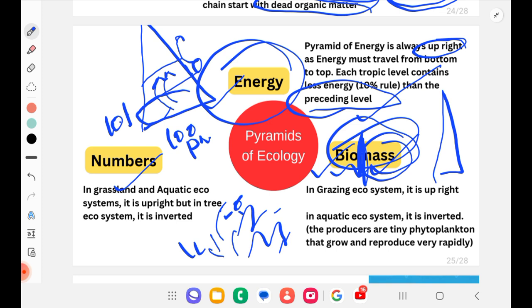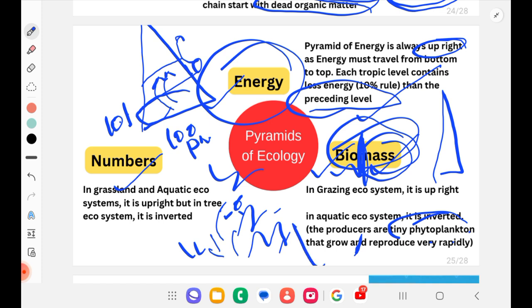Why? Because see, whales, fishes and all will have higher weight, but they are less in number, whereas phytoplanktons, which keep on growing very rapidly, whose mass will be more. That's why it is inverted.